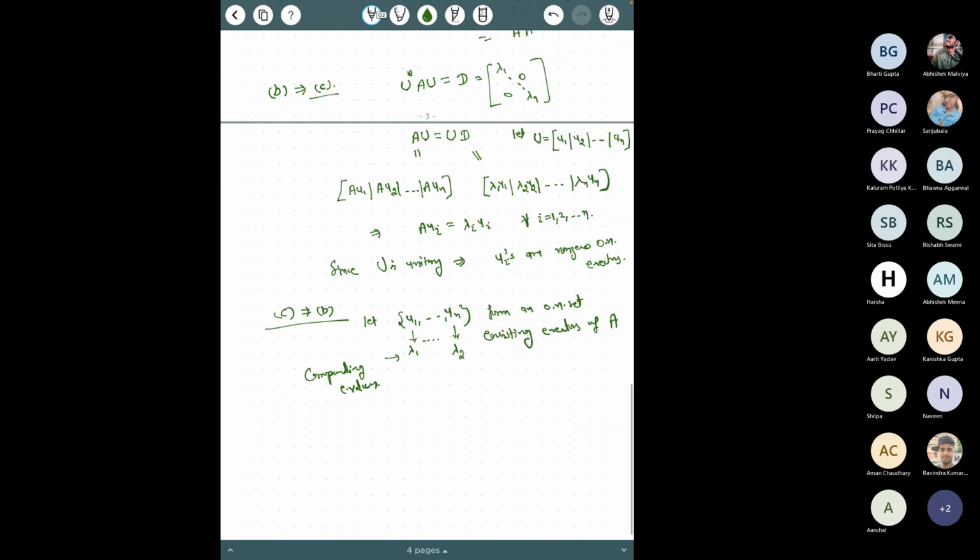Now you have to construct a matrix U such that U star AU is diagonal.